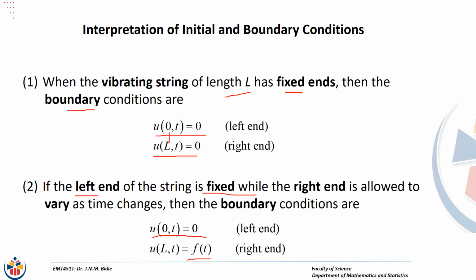So we can give you anything on the right-hand side of the second boundary condition. But just note that when the second boundary condition is not equal to 0, it means that the right end varies with time. That means the final displacement changes on the end where x is equal to L.